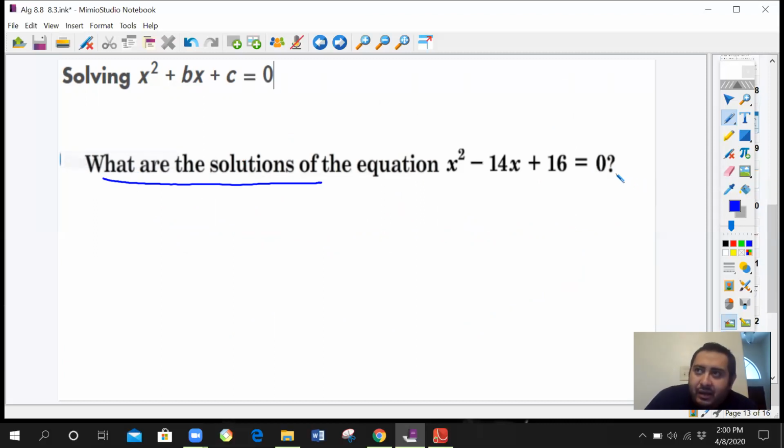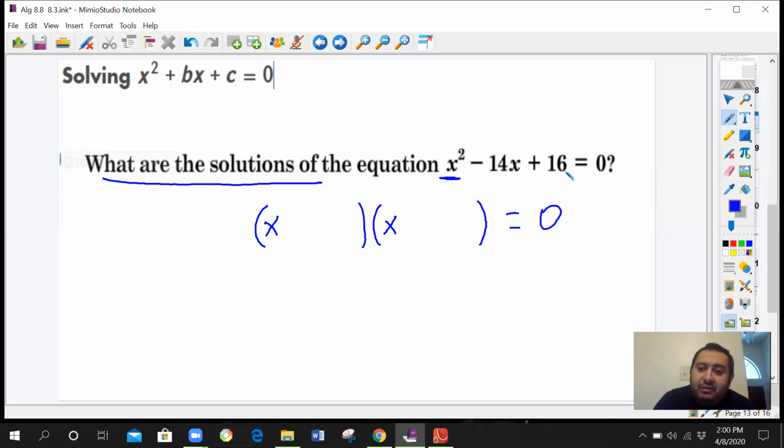Now there are going to be situations where you cannot find a way to factor out this expression. What I mean by factoring it out is you come up with the parentheses, you put an x here and x here, because x times x, you get x squared.